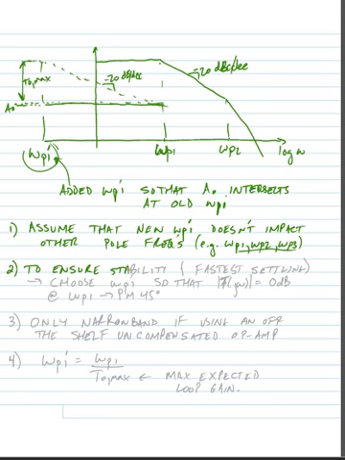All right, now to ensure stability and fastest settling, we're going to choose omega P1 prime so that the magnitude of T of j omega is equal to 0 dB at the old omega P1.